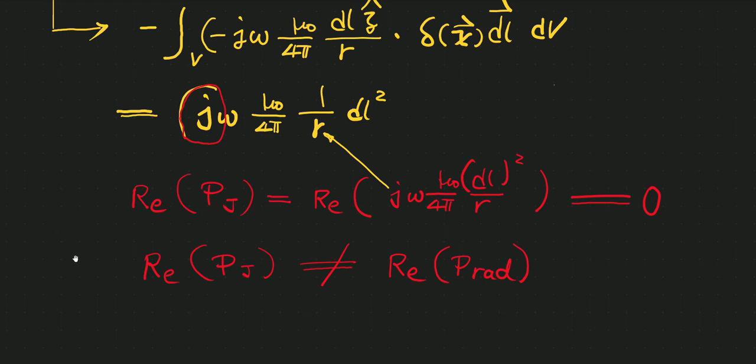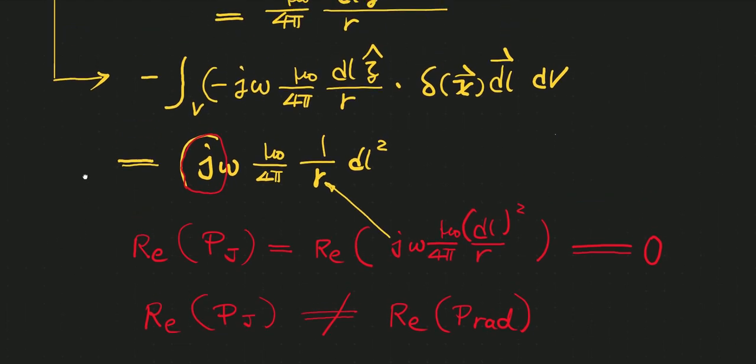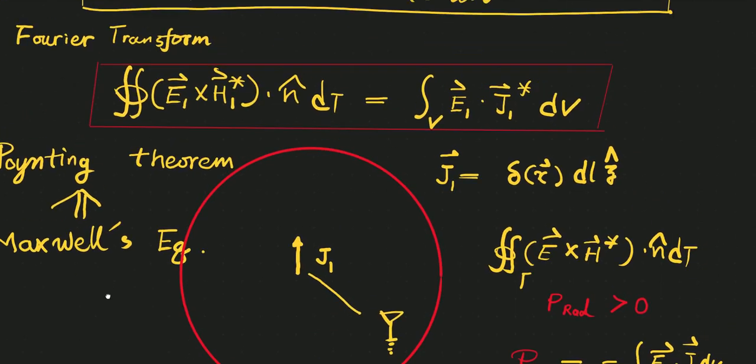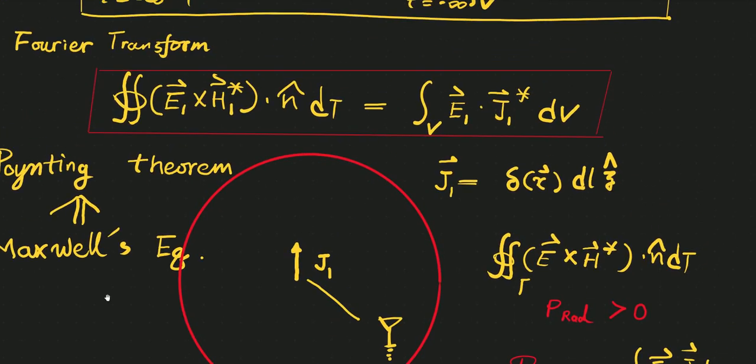That means from the example we find this Poynting theory is wrong. The example shows this is wrong. Poynting theory is wrong.